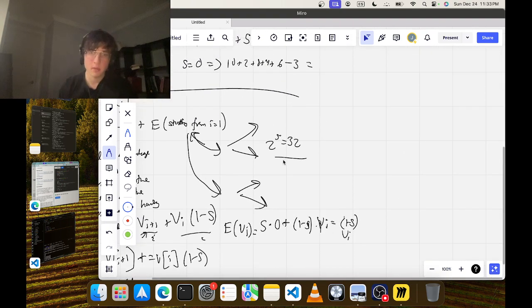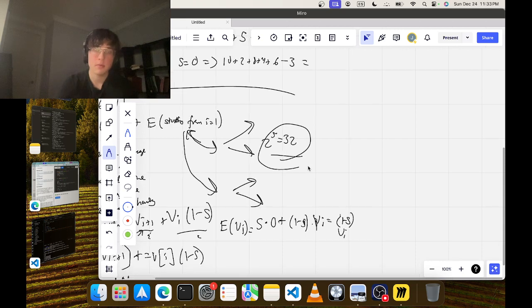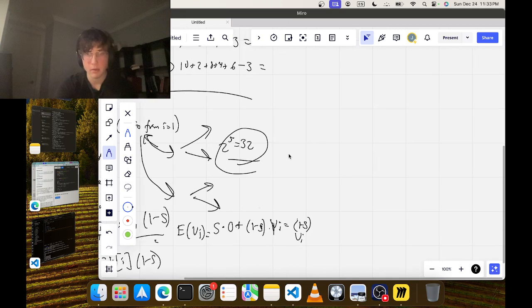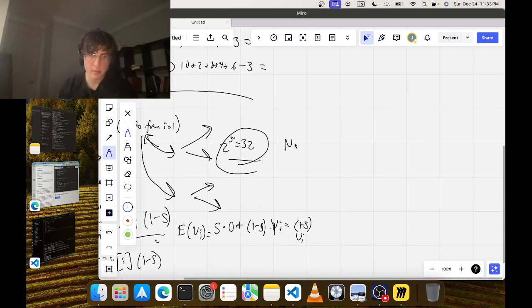However, this requires looking through 2 to the 5 solutions, and our upper bound for n, the number of packages, can be as high as 4,000. So 2 to the 4,000 is so big that this is never going to work.